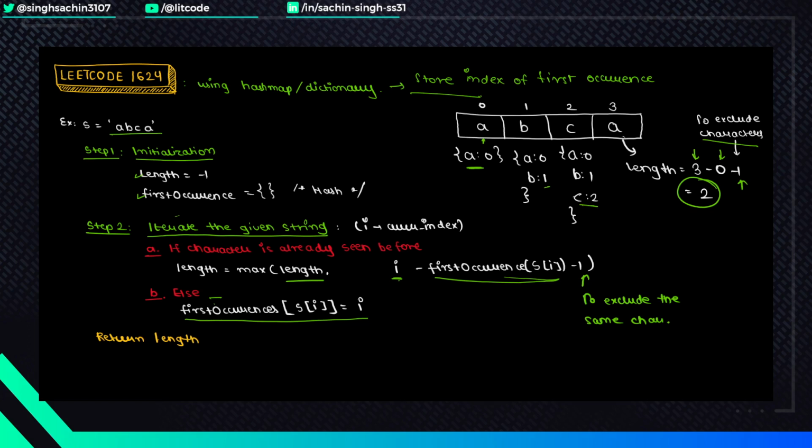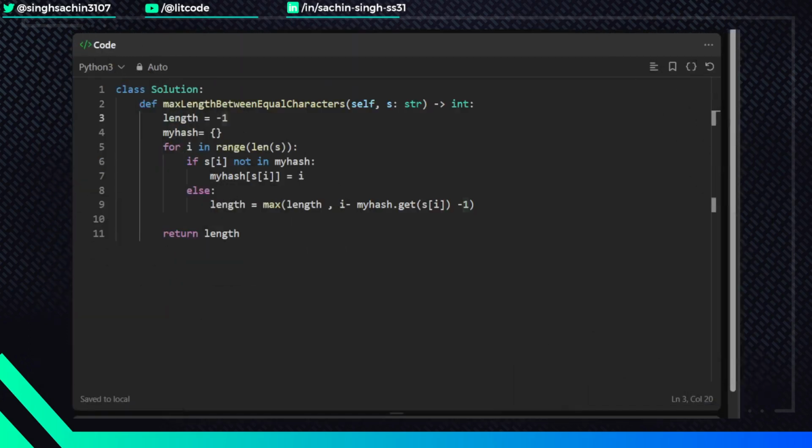Let's check out the code for it. This is very simple code in which we define two variables, length as -1 and my hash, which is the first occurrence hash we talked about. After that, we are simply iterating the string s which we have received, and if we have not seen the character yet, we create an entry with the current index.